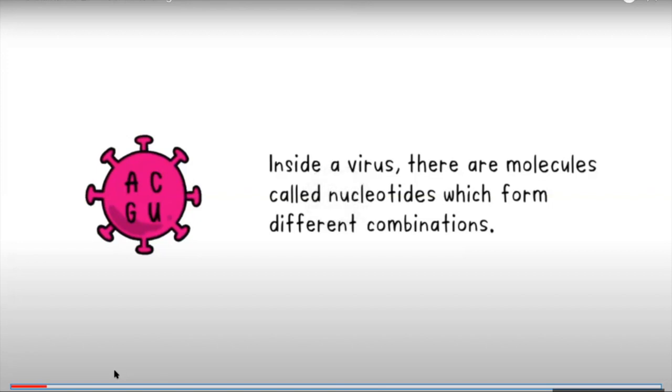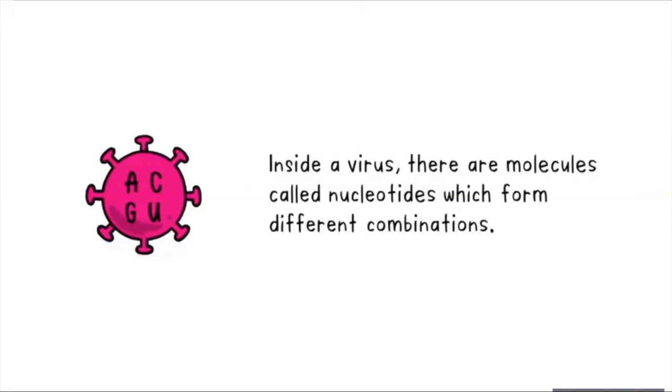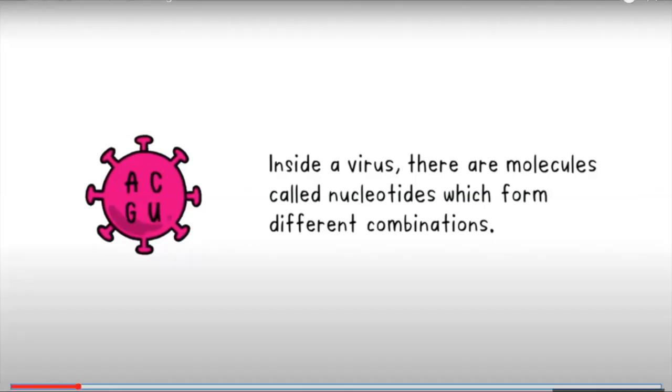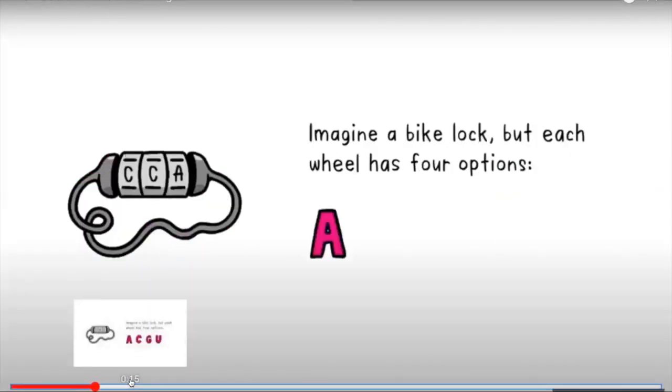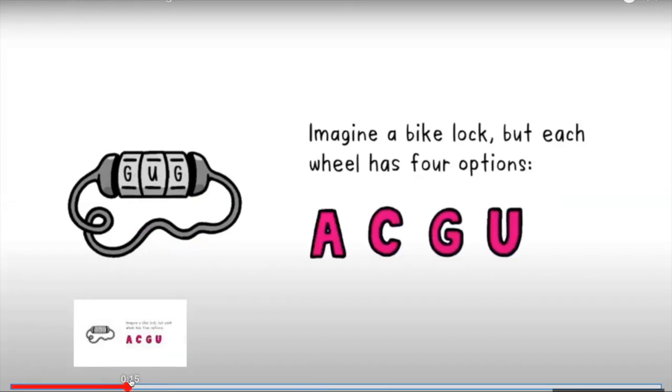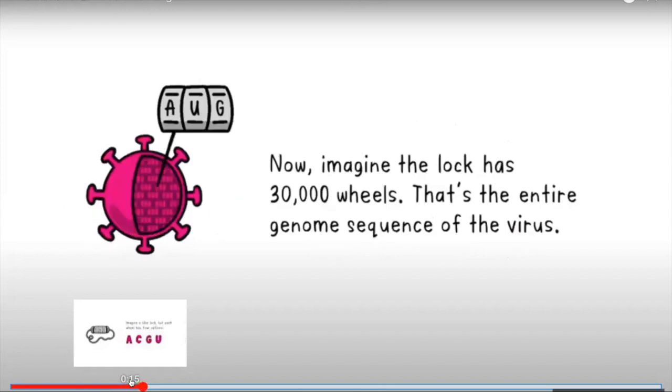Think of this code like a bicycle lock, where each lock has 4 options, and then you can turn it. Now imagine this in your cells or in the virus, it's like 30,000 of those different sequences inside the virus itself. That's how the sequence of the virus works.